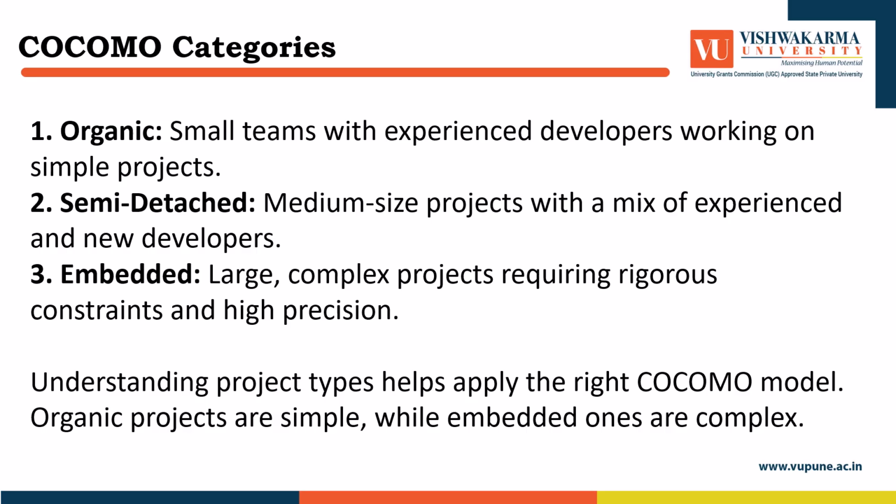The project may have some complexities, but it is still manageable. Third, embedded projects. These projects are complex and involve stringent constraints such as real-time systems, hardware dependencies, or high safety standards. These projects require highly skilled developers and are more challenging to estimate.